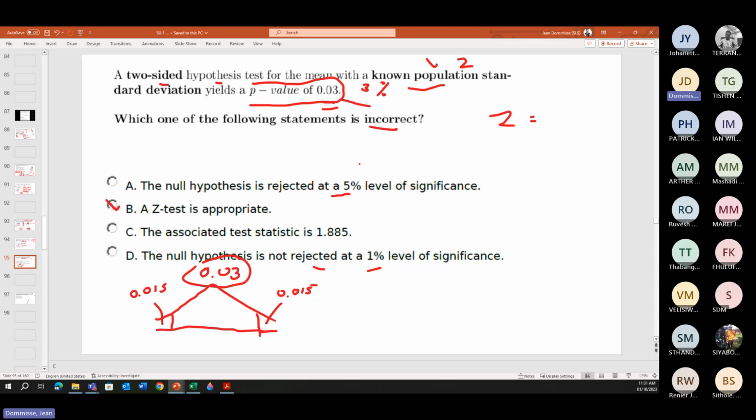Because if you set 0.03 on this side and 0.03 on that side, you would have said yes, the test statistic is right, because let's quickly look at that.